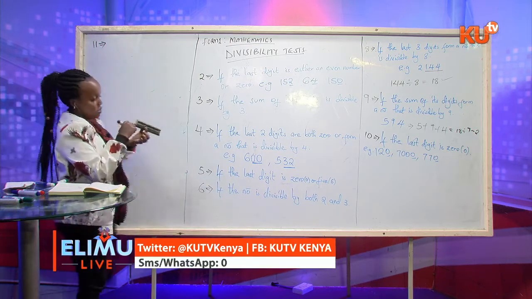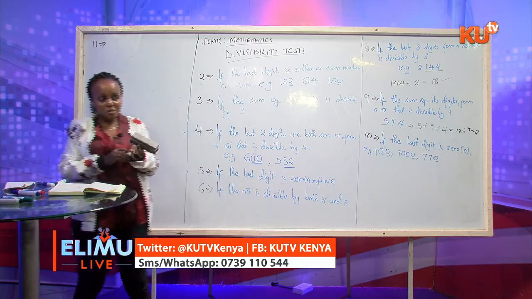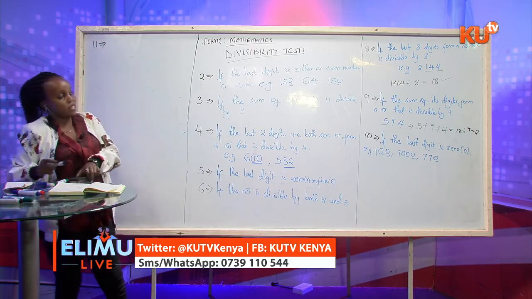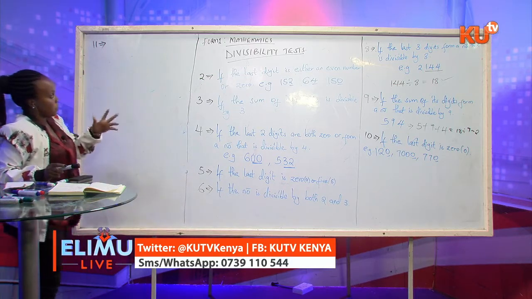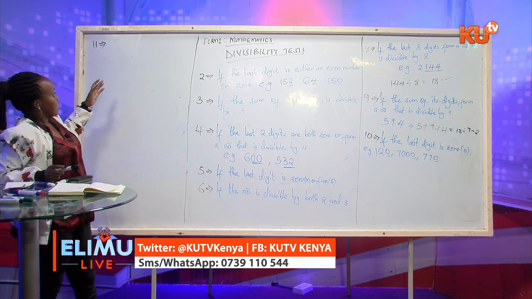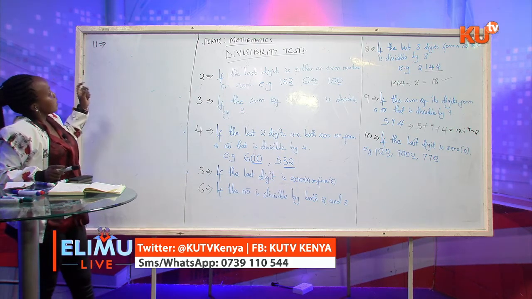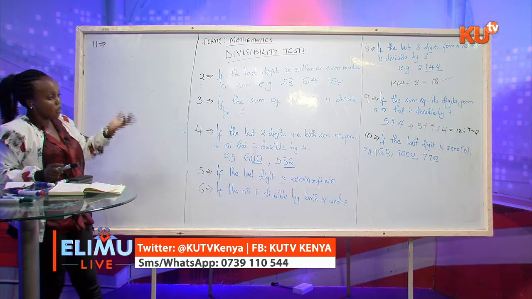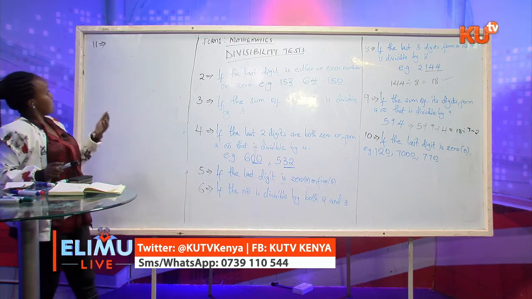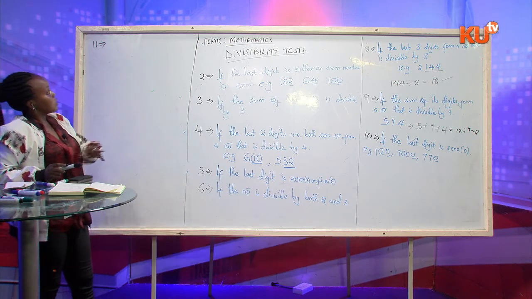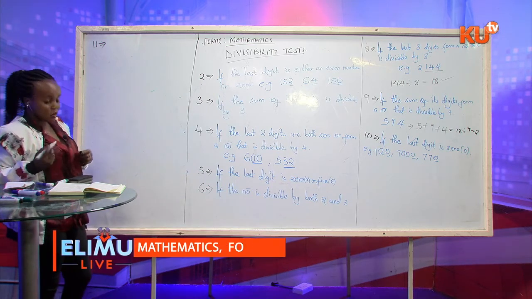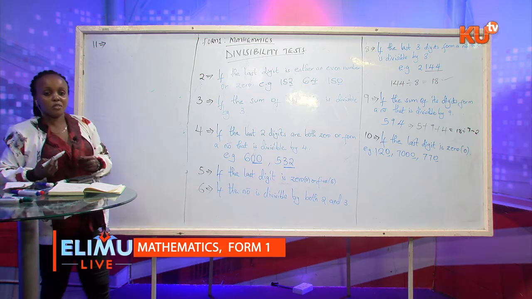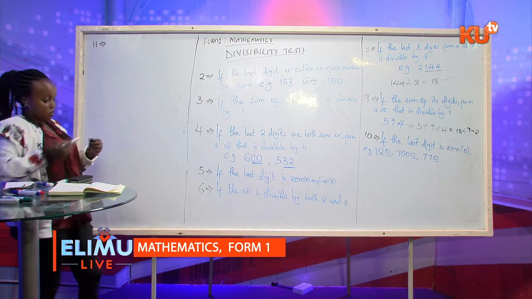A number is divisible by 11 if the sum of the digits in the first, third, fifth, seventh positions, those are the odd positions, and the sum of the digits in the second, fourth, sixth, eighth, the even positions, are either equal or differ by 11 or a multiple of 11.